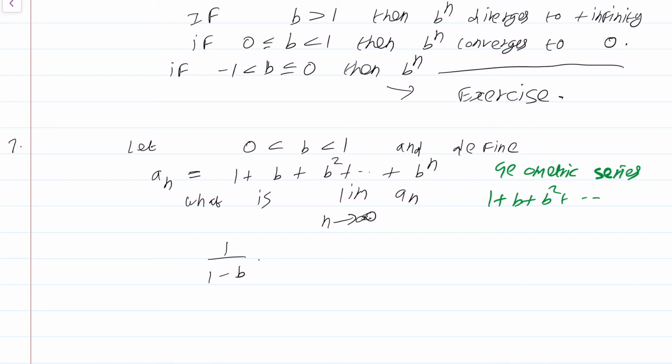How do you show that? Well, it's rather easy. You just have to use a bit of algebra. The bit of algebra is as follows: 1 + b + ... + b^n. I can write this as (1 - b) into, so I need a 1, so I put 1 here. I need a b, so I put plus b here.